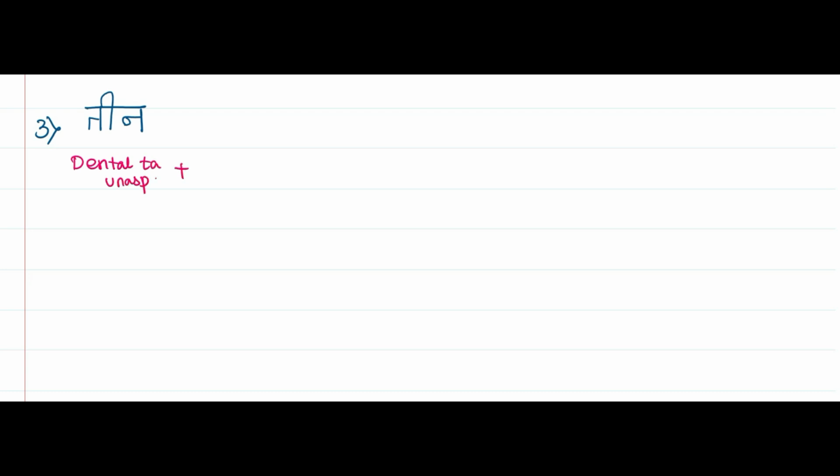And it has a E matra. So E barakadi. So it becomes teen. And nasal no. So teen. Okay? Teen means 3.